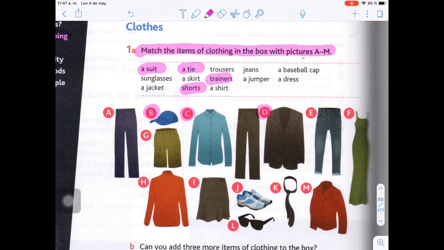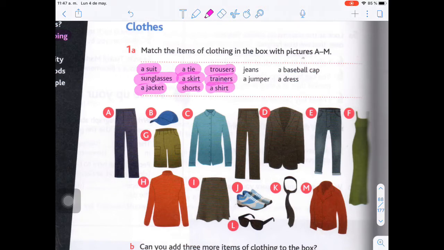Okay, so let's start. A suit, sunglasses, a jacket, a tie, a skirt, shorts, trousers, trainers, a shirt, jeans, a jumper, a baseball cap, a dress.